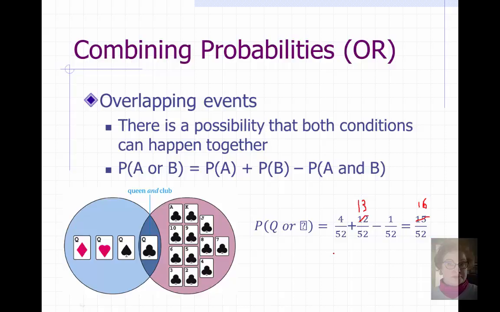Now, if we go back to what I had written and just look at the first part, and we just look at the 4/52, so that's the way to get the queens. And then after we take the queen of clubs out, there's only 12 other clubs, and so that's going to add to 16/52.